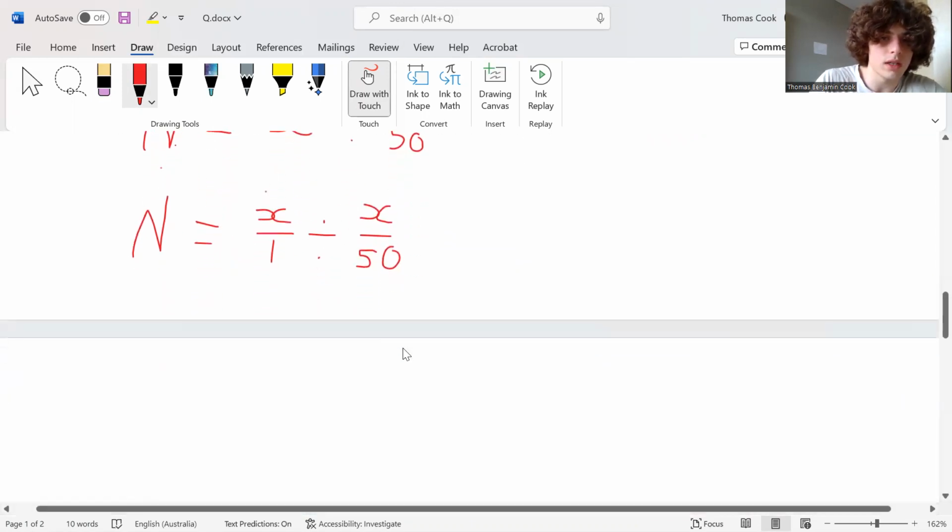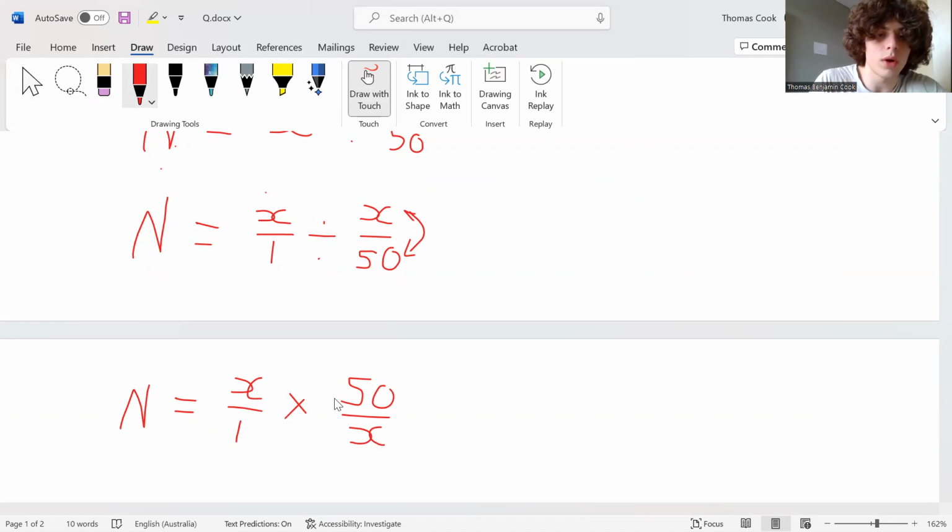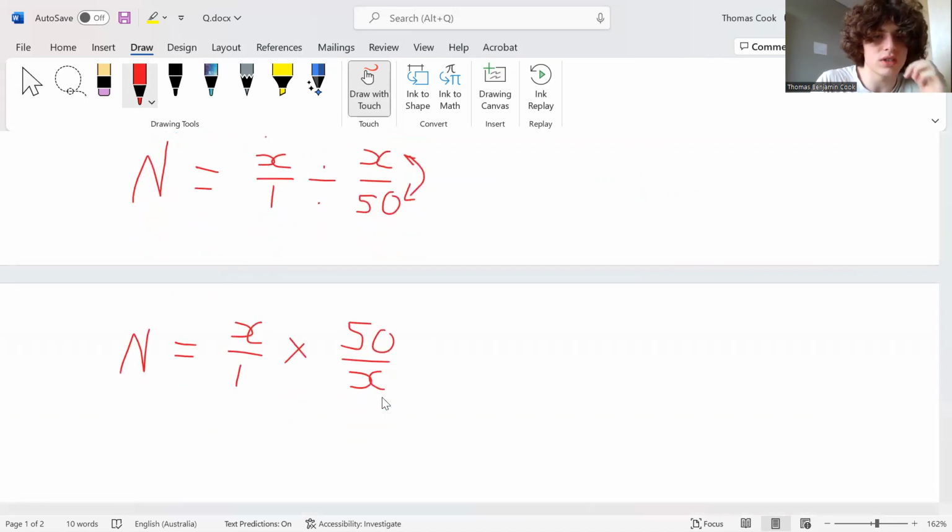Here's a little trick we learned back in year 5 or year 6. We can change the division symbol to a multiplication symbol if we take the reciprocal of this, putting the bottom on the top and the top on the bottom. That's how you divide fractions.